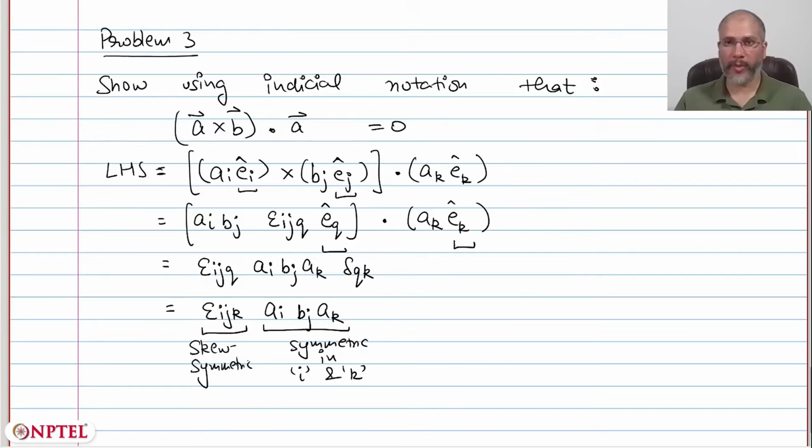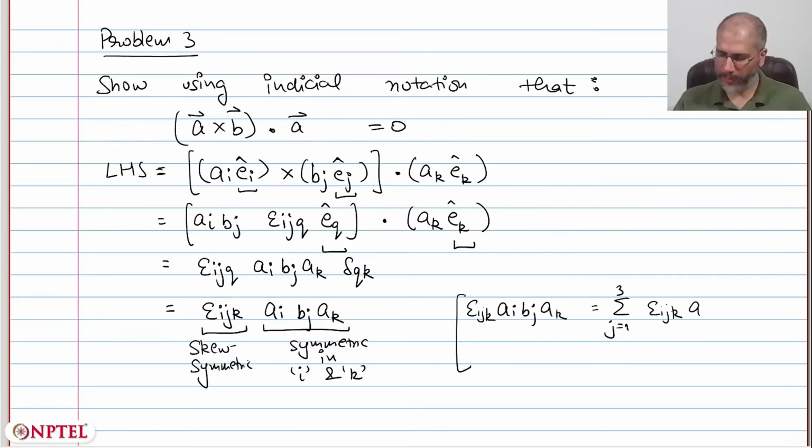Now I'm not worried about j. If you were to expand this as a sum over j, there could be a confusion that we showed this relationship for second order tensors, but these are third order tensors in that we have three free indices in each of these. Well, if you write A_i B_j A_k times epsilon_ijk, this is basically a sum with j going from 1 to 3 of epsilon_ijk A_i B_j A_k.